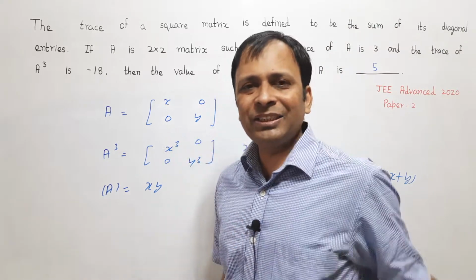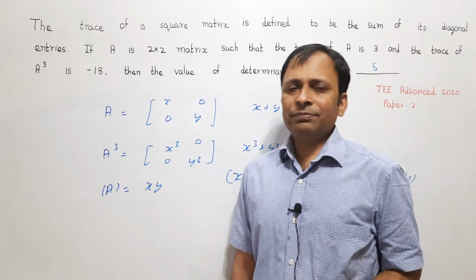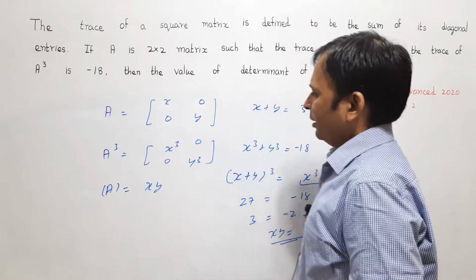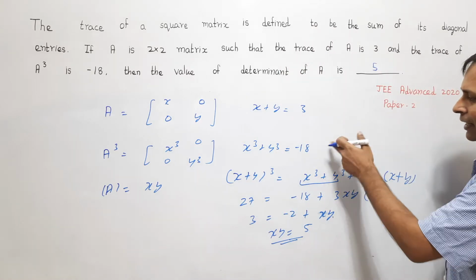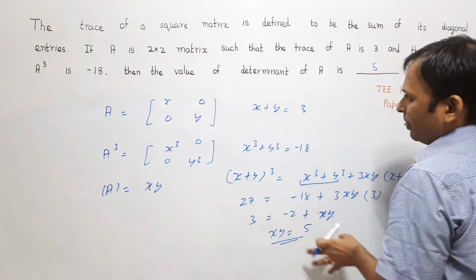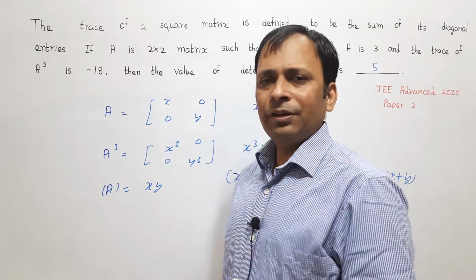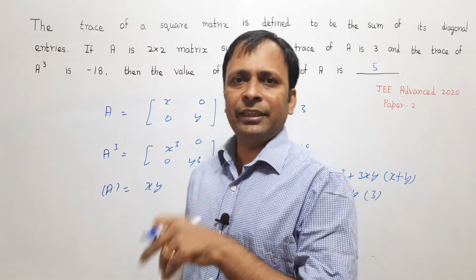So see how fast we have done it without much calculation. Here somebody may argue that if I find x and y after solving it, then it would come out to be imaginary. It doesn't matter, because the question is not asking us for x and y to be real.